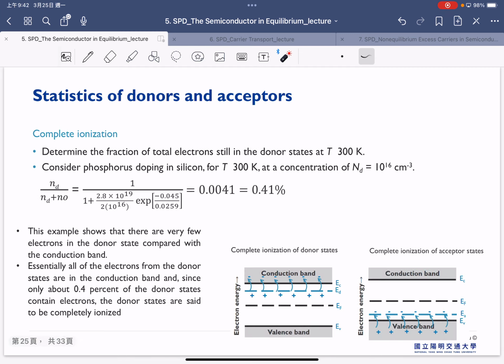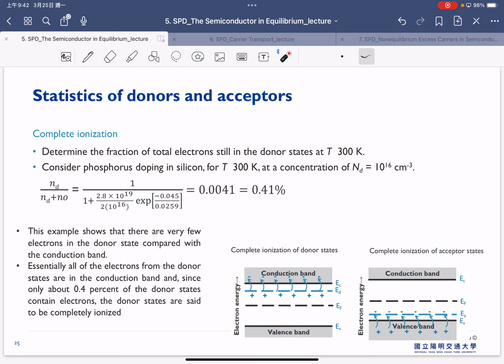Here is one example, just to give everyone an idea of how the ionization energy influences our ionization rate. Determine the fraction of the total electrons still in the donor state. Where is the donor state? This is the donor state. So we are wondering how many electrons are still in the donor state.